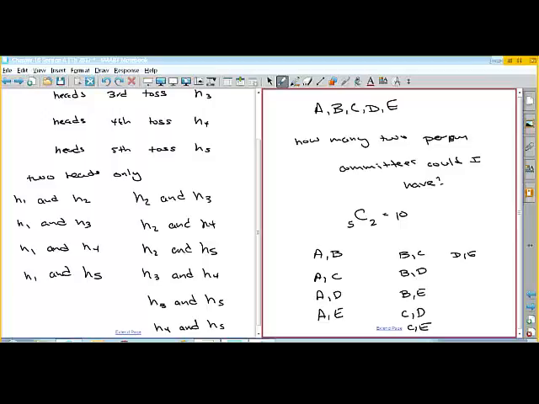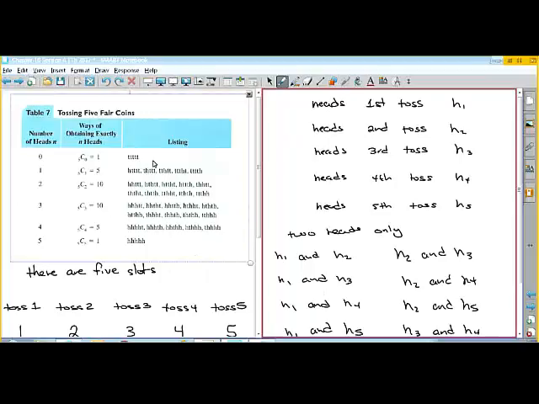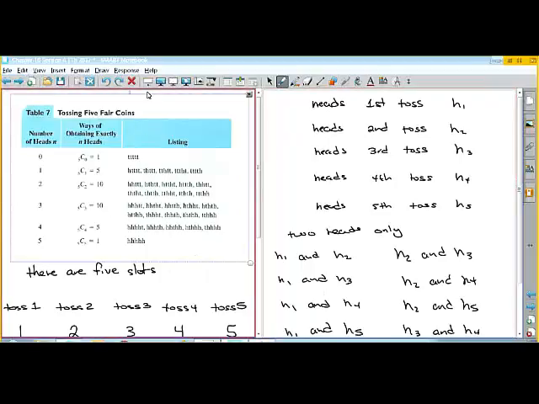And here are my different ways of getting two heads. I can get it on the first toss and the second toss and so forth. So I'm doing the same thing, even though I'm not selecting a committee or samples, but by casting the problem in that way, I can convince myself that those are what the results should be.